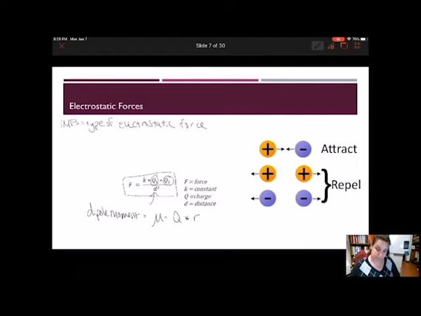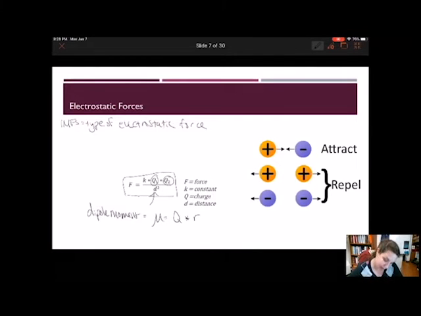Anyways, so when we think about intermolecular forces as this electrostatic interaction, we can see that when we increase the charge on our particle or molecule, we're going to increase the intermolecular force that it can do.